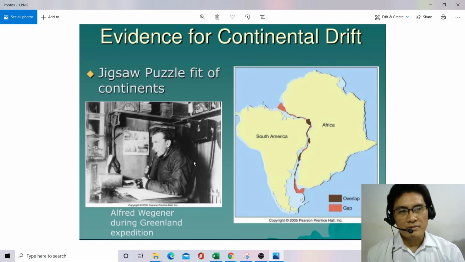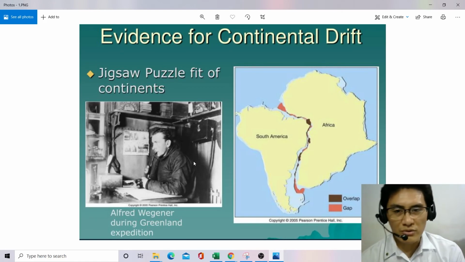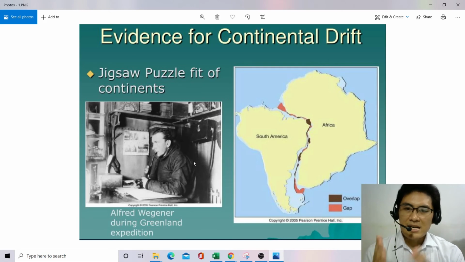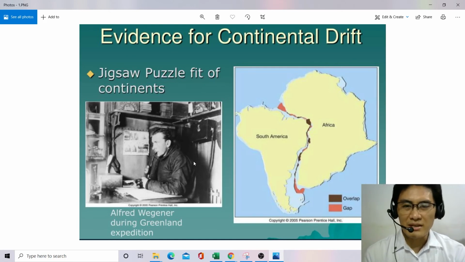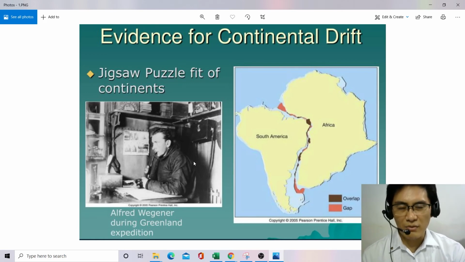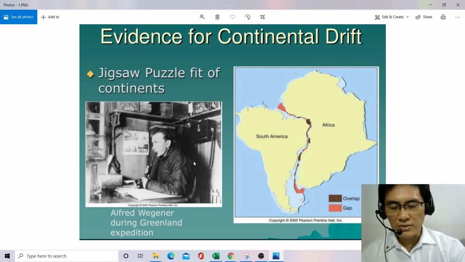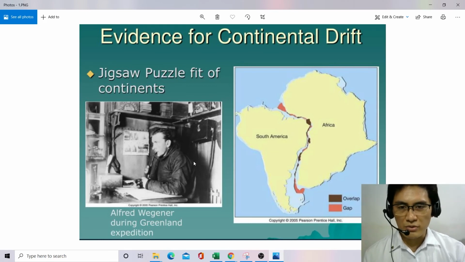And as was explained in Module 4, Alfred Wegener was able to present very good lines of evidence for his theory. The only problem was he was not able to explain why the continents move.